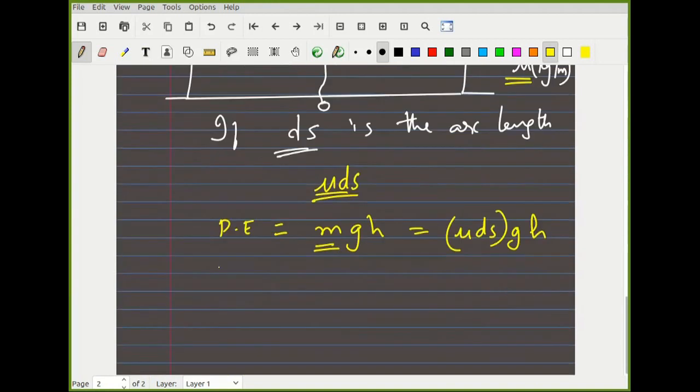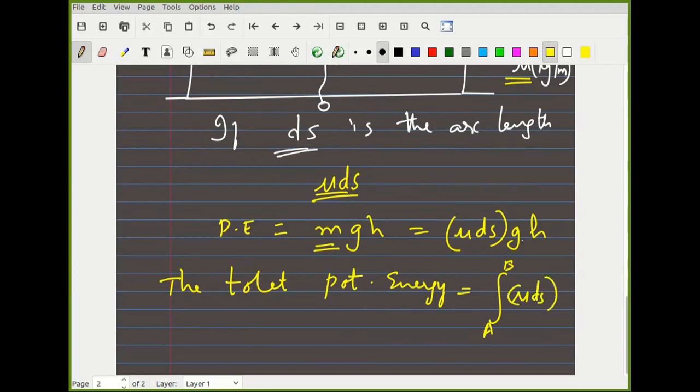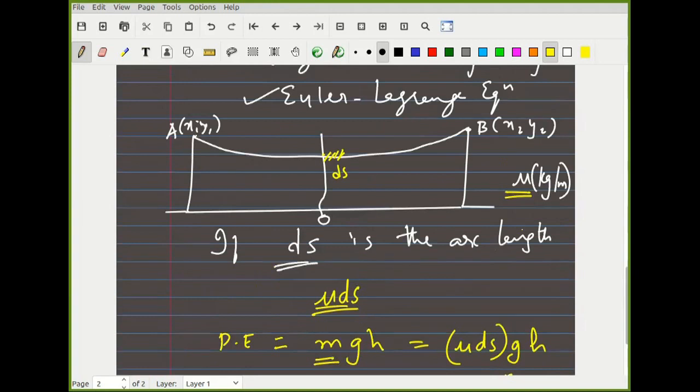So now what we shall do, the total potential energy of the system is going to be the integral from A to B of this mu ds, and then because this height, let's take that at this point it's y, so it's a variable.